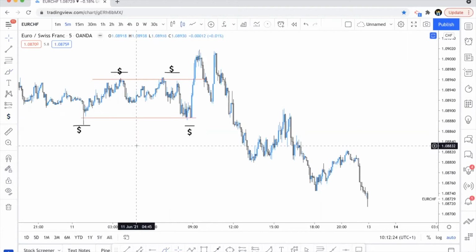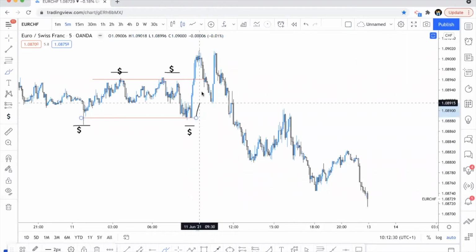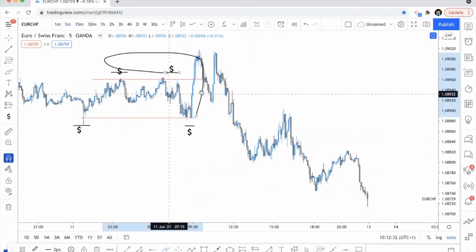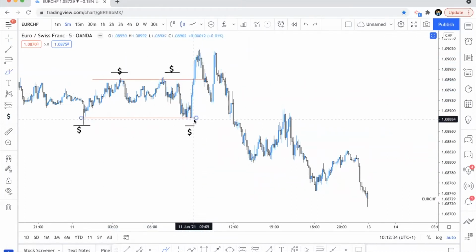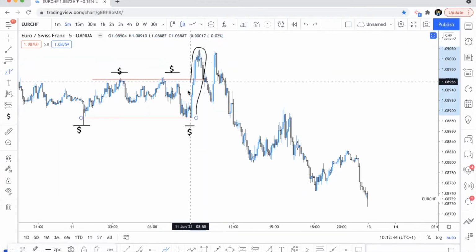So the way banks trade this is essentially going where liquidity is. Okay, so if banks and retail traders are buying and selling here, they're actually buying. I'm sorry, they're buying here, and banks are pushing price up because they have the strength to push this market up.